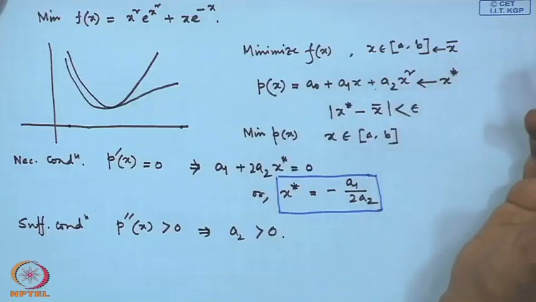Since 3 unknowns are there, we need 3 equations. For getting this information, we can consider 3 points in the interval a to b, say x 1, x 2, x 3, and we will say that f x is equal to p x at these 3 points. Then we will get 3 equations with 3 unknowns, the coefficients of the polynomial a 0, a 1 and a 2, and we can solve it.